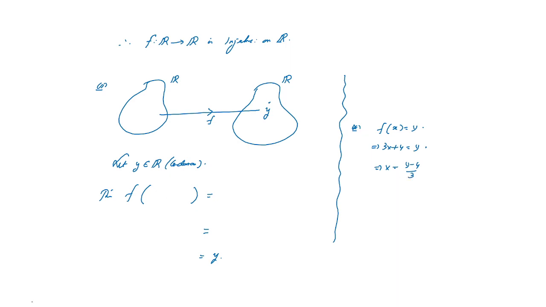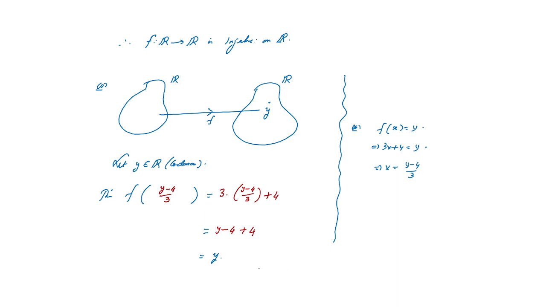So that we'll put here: (y - 4)/3. So that will be 3 times (y - 4)/3 plus 4. That means y - 4 + 4, that means y.